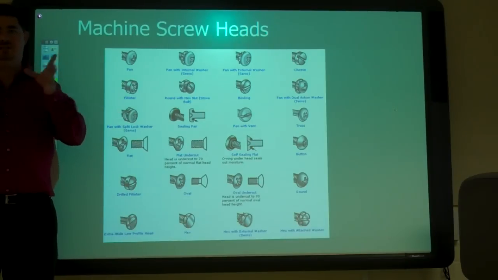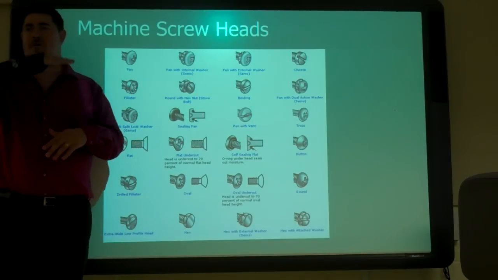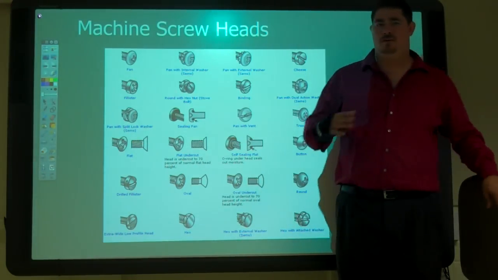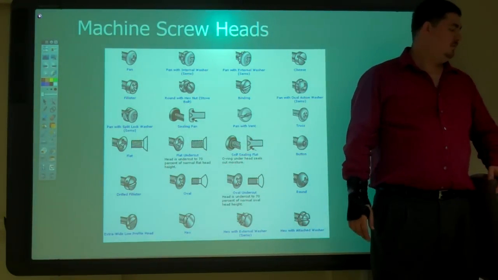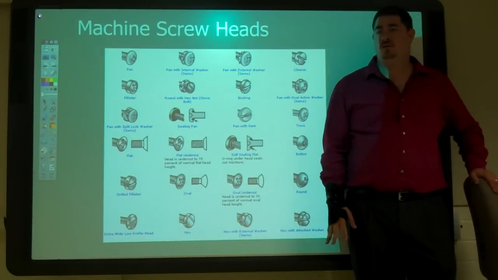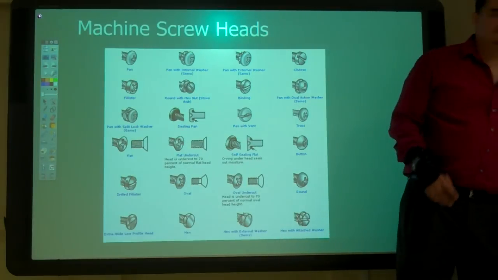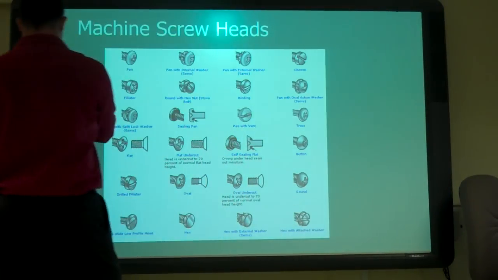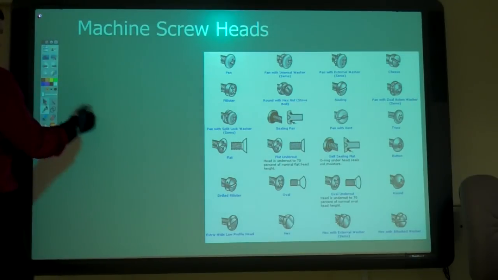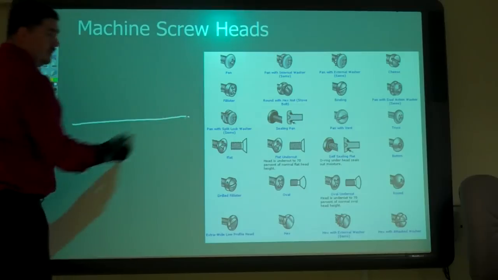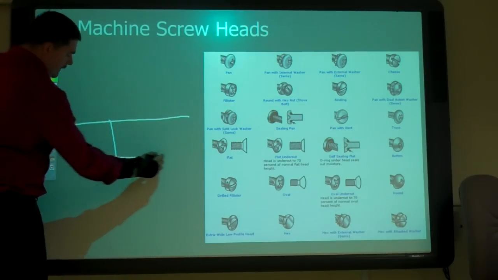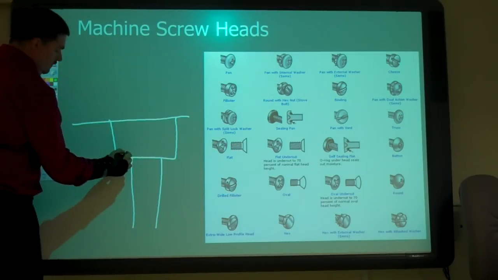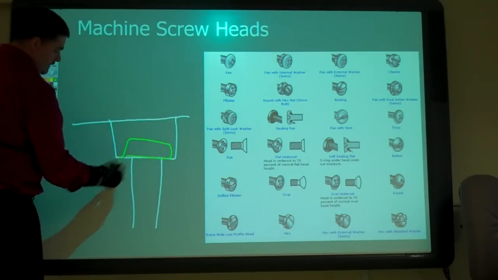If you want to be able to have some adjustability, then you don't want to use something with a flat bottom. How could you make a flat bottom like a pan head or a hex head flush with your material? So if I've got my material top there, and I want my hole to come down, here's my actual hole that I want. But I want it so that the head of my fastener can sit there.